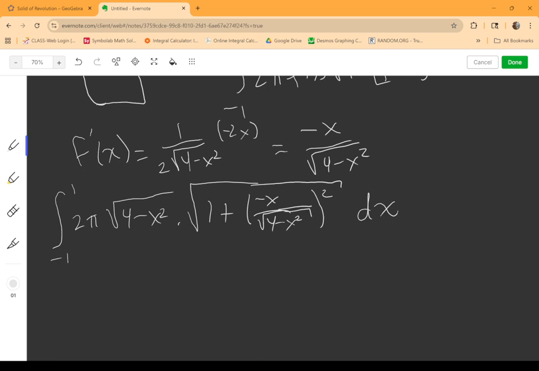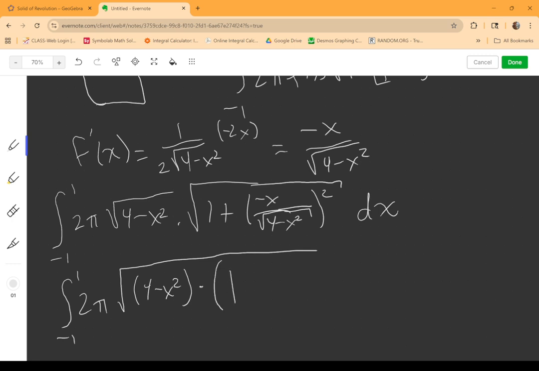Now it looks really messy right now, but let's simplify and see what this looks like. Again, -1 to 1, 2 pi. One thing I am going to do here is, these are both roots, so I'm going to write it as one big root, but I do have to be careful how I do that. This quantity is one term, so it's 4 minus x squared, and then this quantity is another term, so leave it like this.